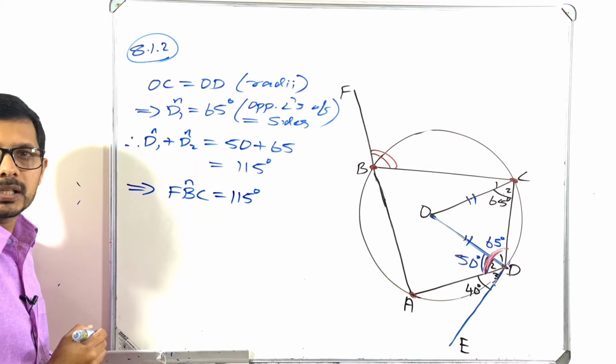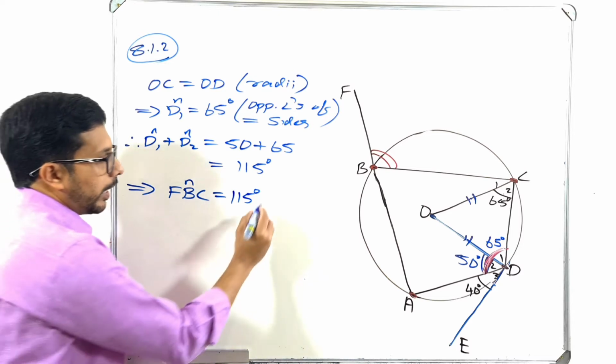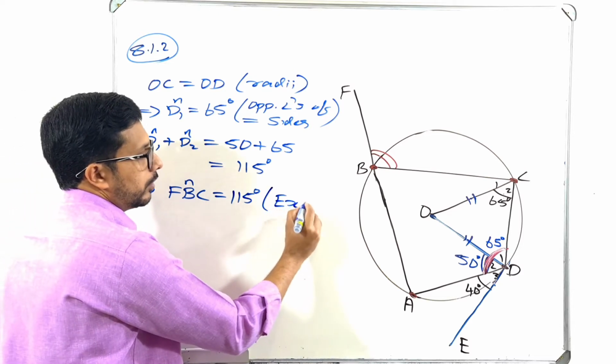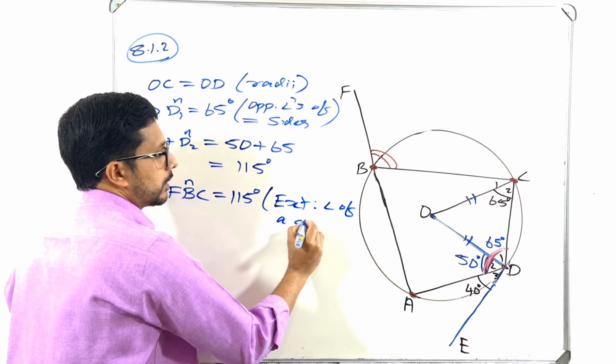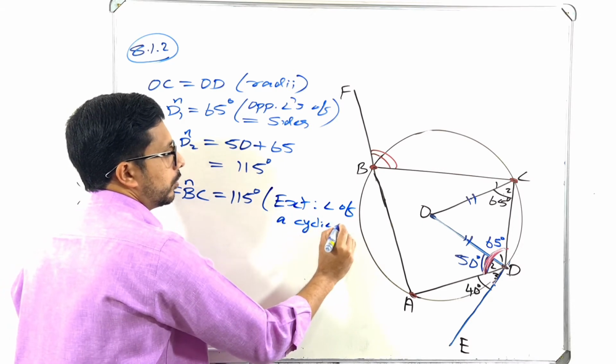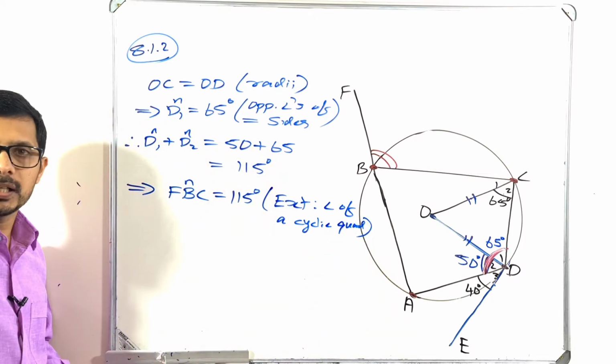Okay, and what is the reason you have to write? You have to write the reason as exterior angle of a cyclic quadrilateral.